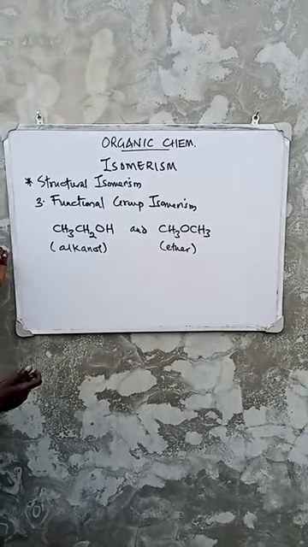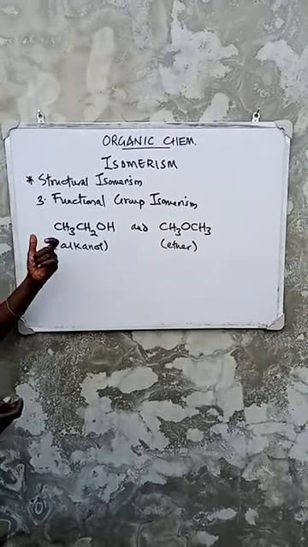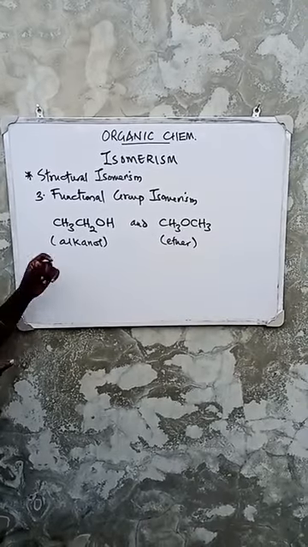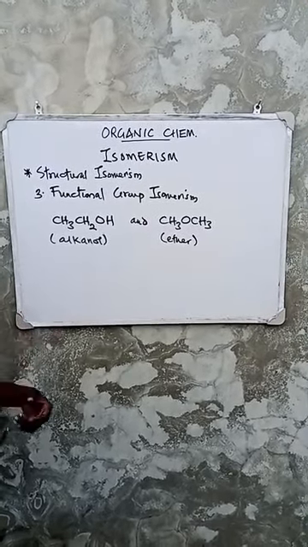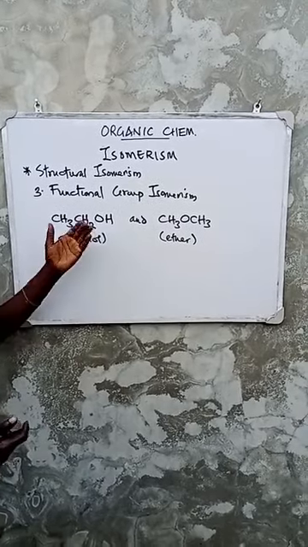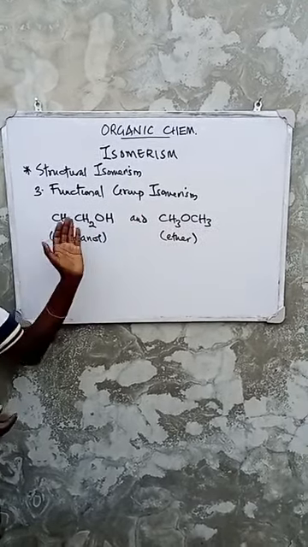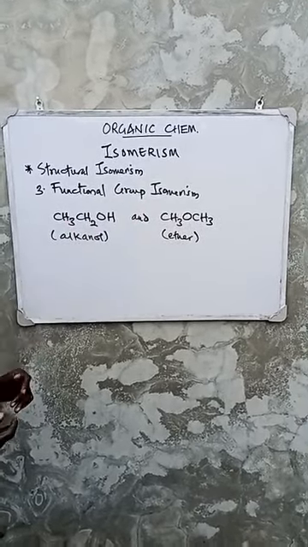So in the previous two examples we listed, under chain isomerism as well as position isomerism, the compounds we used belong to the same functional group. But for the first time, the compounds in use belong to different functional groups. And we say that they exhibit functional group isomerism, and we call them functional group isomers.